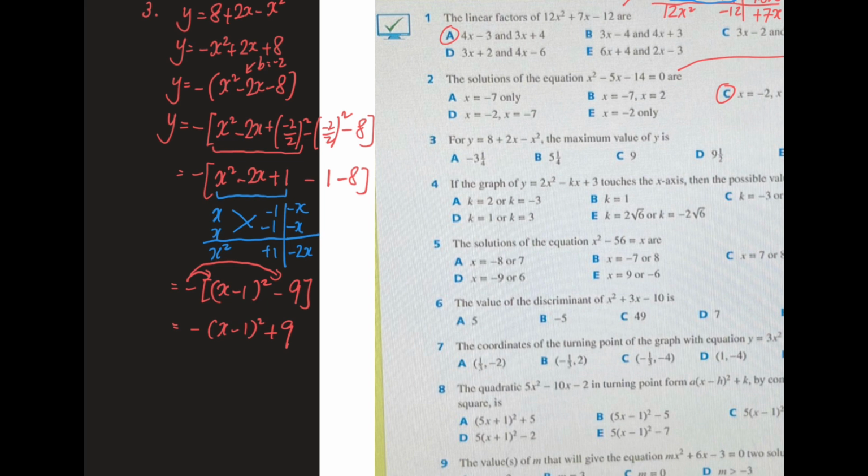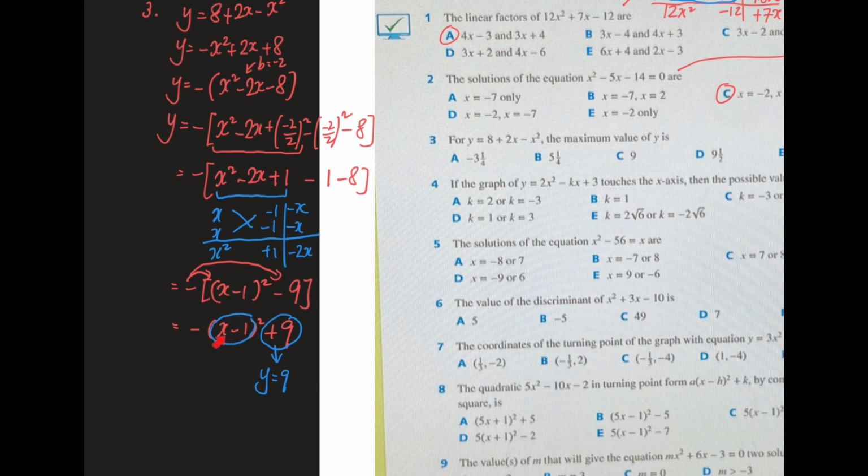And now what to do is we have to look for the maximum value of y. So to find the x, you let this equal to 0. And to find the y, you just take everything here, then y equal to 9. And this is the maximum value.